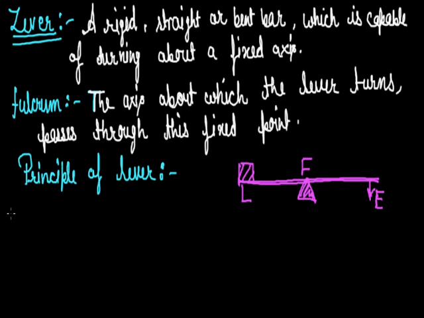So now, what will be the principle of lever? A lever works on the principle of moments. We can write for the lever that load into load arm equals effort into effort arm.